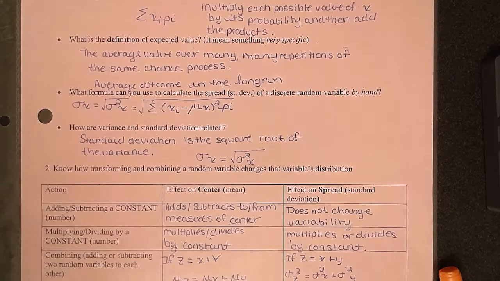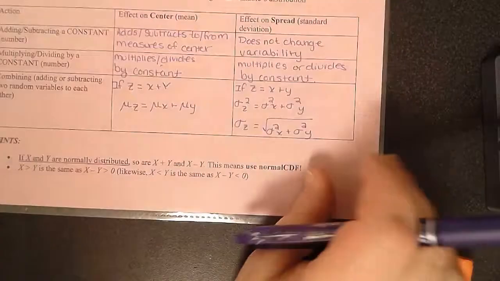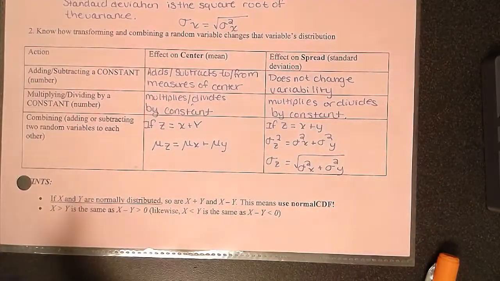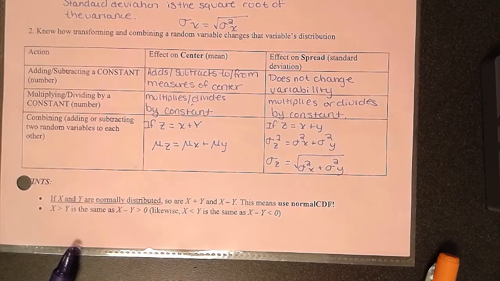And then when we do transformations, it's so important to understand what transformations do. Remember that adding and subtracting affects the measure of center, but it does not affect measures of spread.